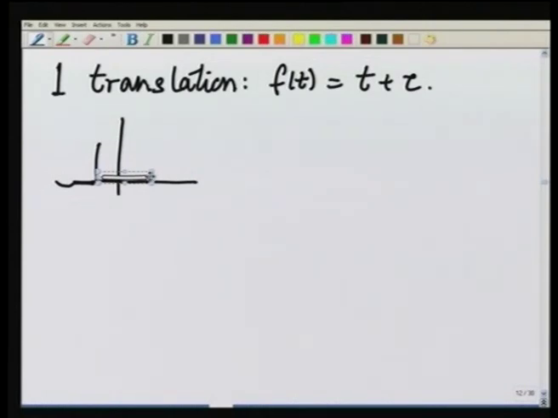Let us take the example of x of t sketched as follows.